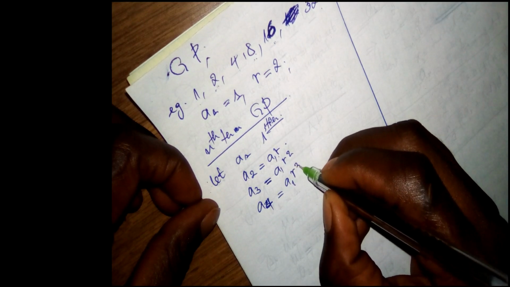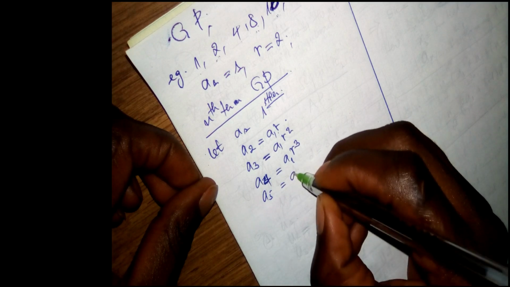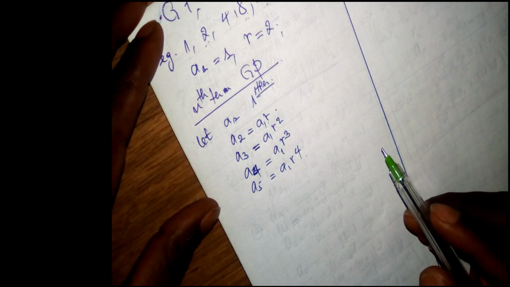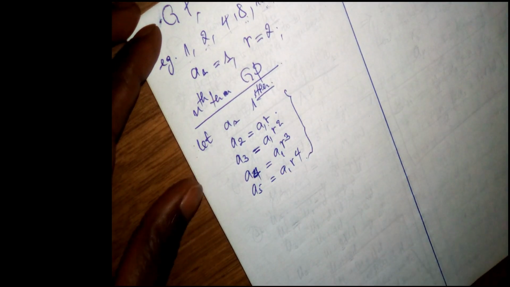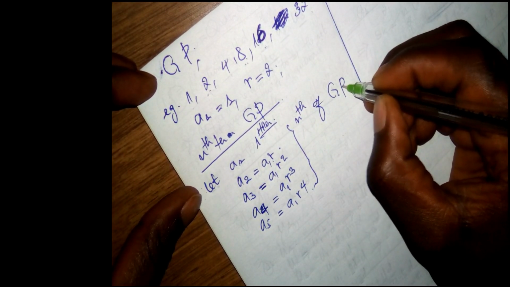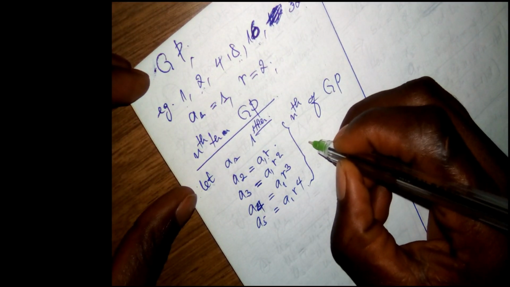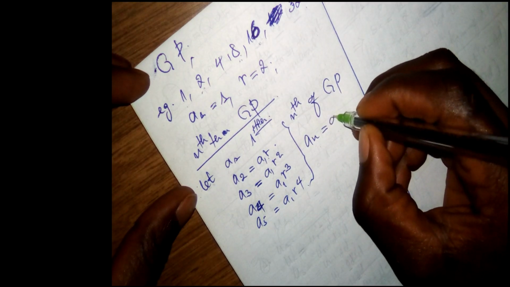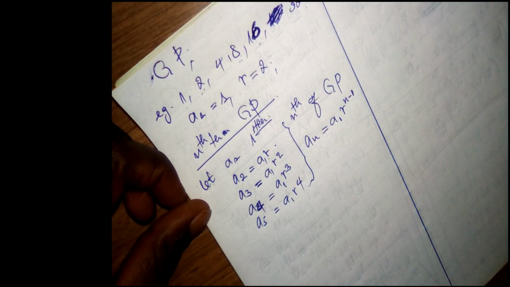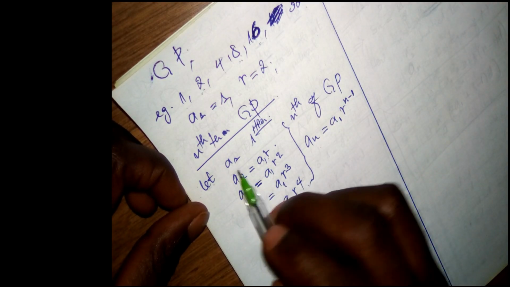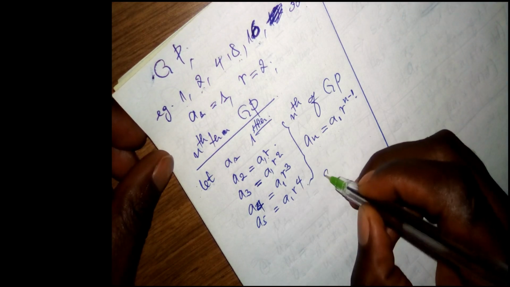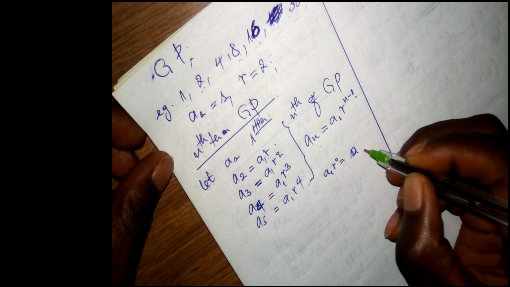So as you can see here, the nth term of a geometric progression can simply be given by an equals a1 times r power n minus 1, because at the first term we have r power 0, and r power 0 equals 1, so a1 times r power 0 equals a1.